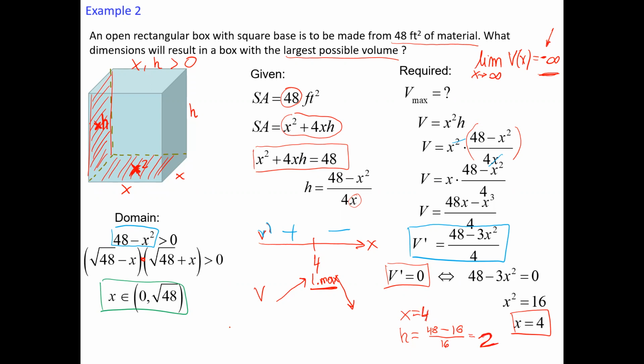Because we're looking for dimensions, 4 by 4 by 2. Quite low, right? Not really a tall box. We can see this box will give us maximum volume if we have only 48 square feet of material to build. Okay, nice optimization problems.